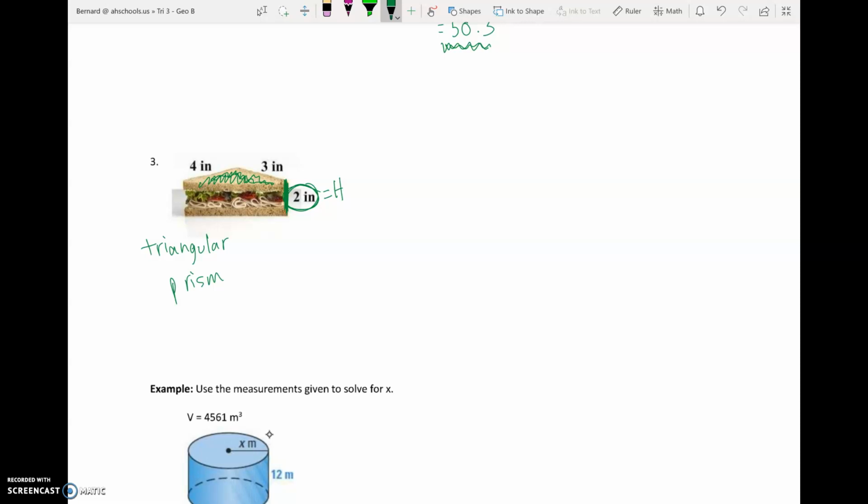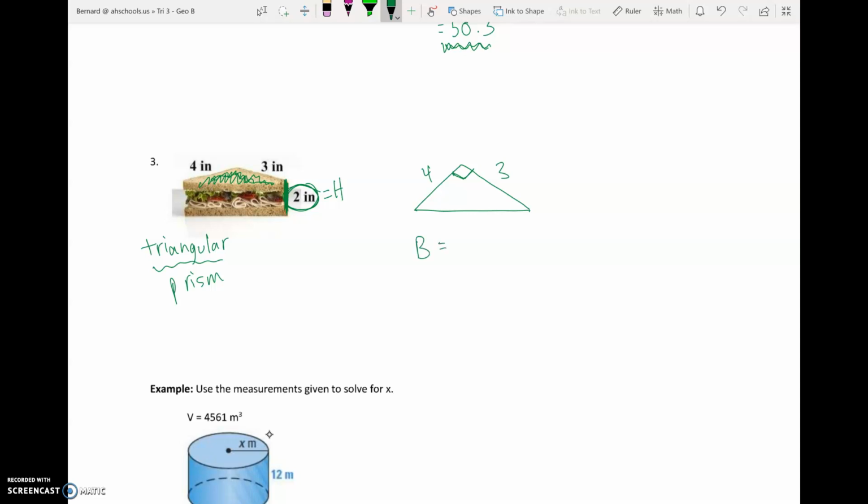And then now we just need to find the area of our base. Now remember, we called it a triangular prism. So a triangle, I'm going to draw it kind of like this, is our base. So I'll call this 4 and that 3. And one thing I'm going to assume in this problem is that that is a right angle. And that's awesome because remember, we need to find the area of our base.